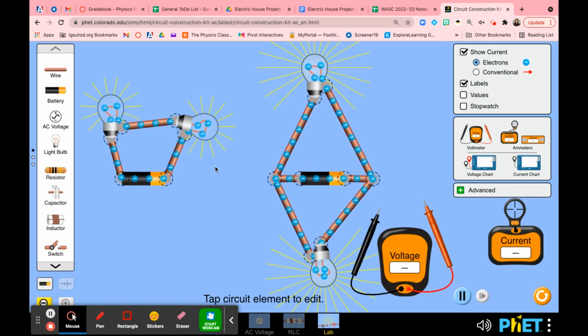So make your observations. Our focus is just on series and parallel with 2 light bulbs each. This is your setup, so it's all set up for you. And then make sure you watch your video because I go into a lot of detail on the calculations and the patterns that are going to be important when you do your calculations for series and parallel circuits.